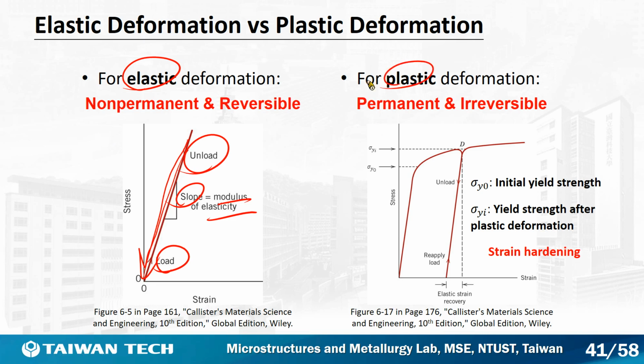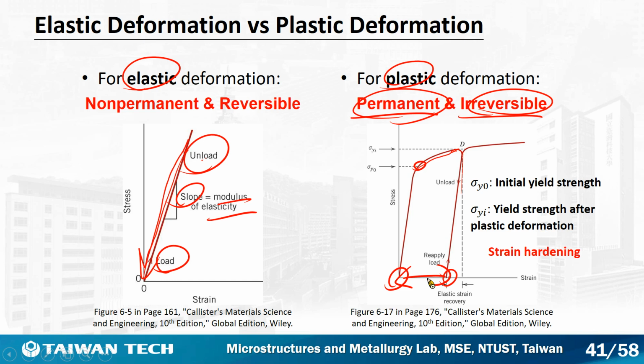And then for plastic deformation, when you exceed this point, this is the yield point, after that we will experience plastic deformation. It is permanent and irreversible. And how do we see that it is permanent and irreversible? For example, you go here and then you release the stress, let it unload. So you go back, but it will not go back to the same point, right?